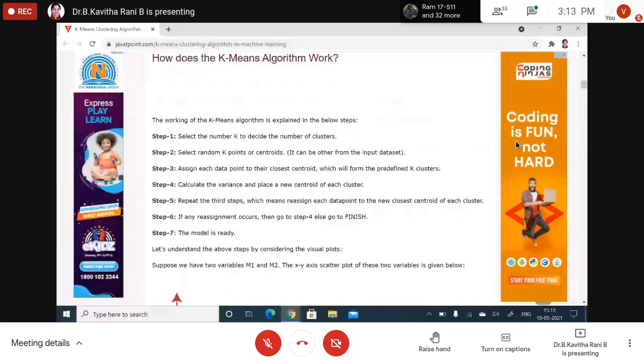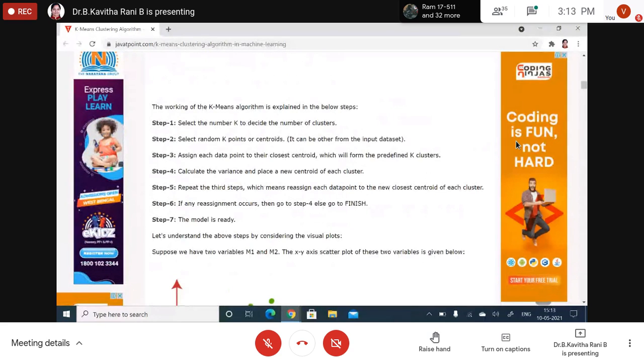Okay. So here is how it works. Select the number k to decide the number of clusters. K means how many clusters you want to group the data into, decide that first. Select random k points or centroids. Assign each data point to its closest centroid. Compare each point to the centroid, whether it is near, so group into that particular cluster. Otherwise, you can group into another one.